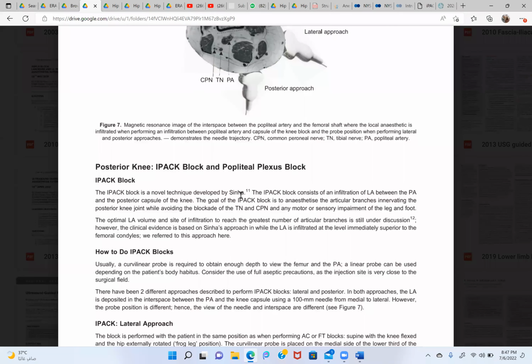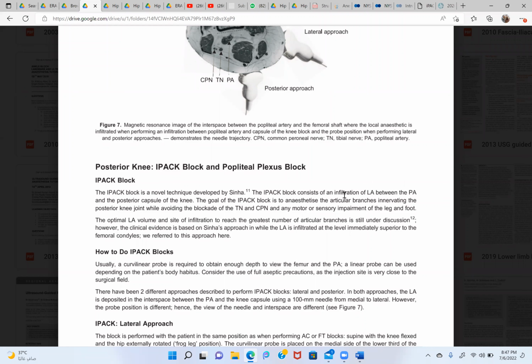So similarly, what is the concept that they are trying to put? There are so many minor branches which are coming, and they put the local anesthetic volume in the area where nerves are reaching the knee.